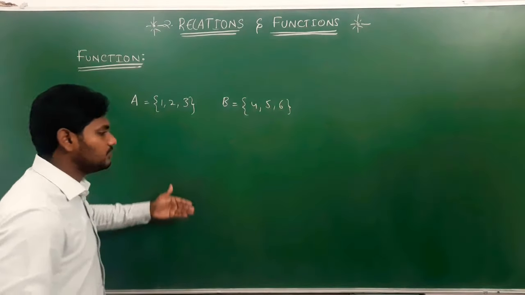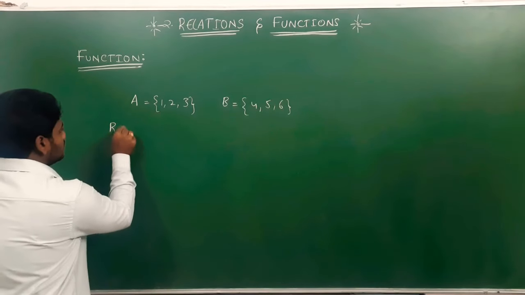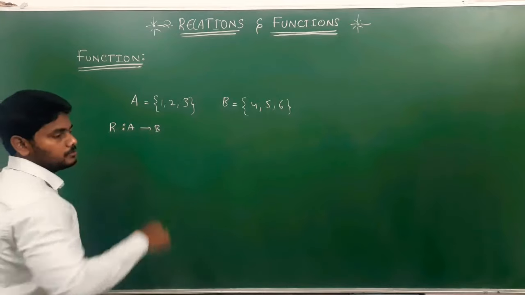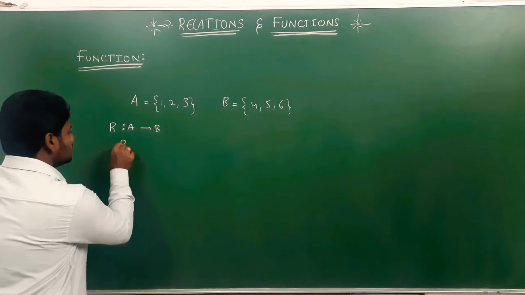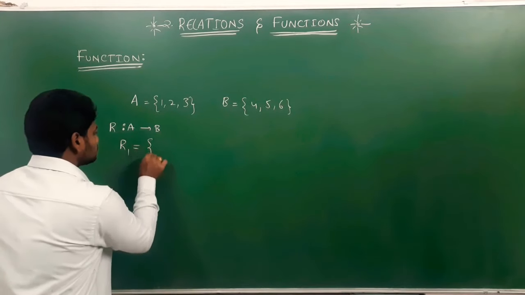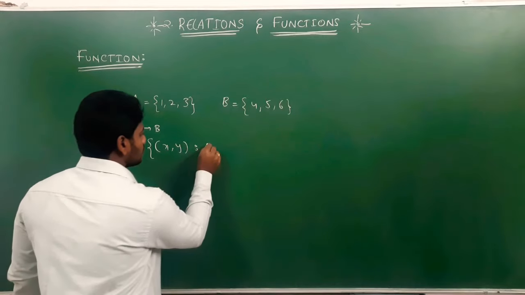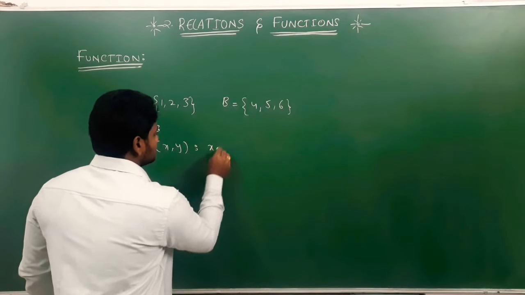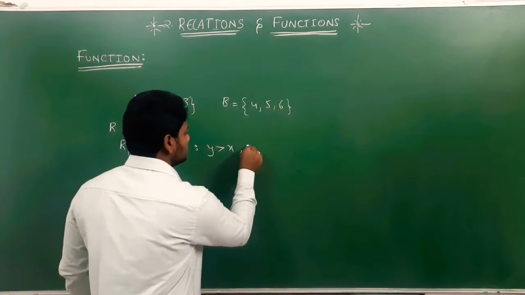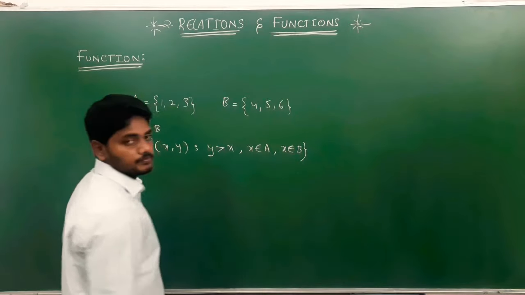I will write some relations from A to B. Consider R1: the ordered pairs (x, y) such that y is greater than x, where x belongs to A and y belongs to B.